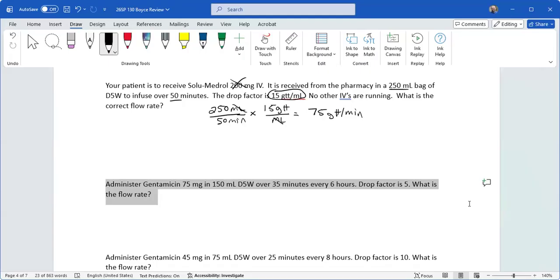So you're going in a circle, because you still want it in minutes as your final answer. So if it's already in minutes, then leave it in minutes. Don't convert it to milliliters per hour and then back to milliliters per minute. You don't need to do that. You're just doing an extra step.